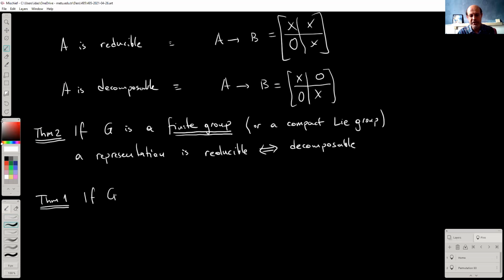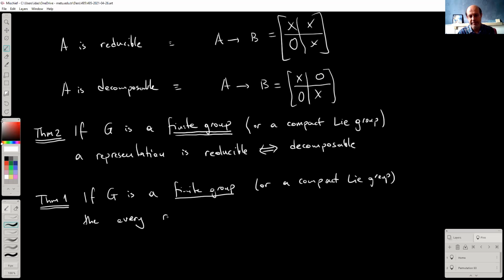So if G is a finite group, or a compact Lie group, the same argument, then every representation is equivalent to a unitary representation.